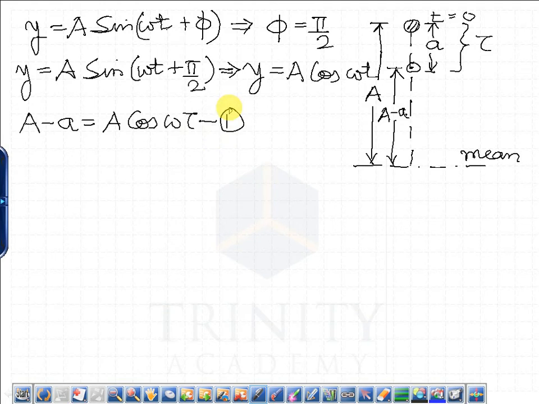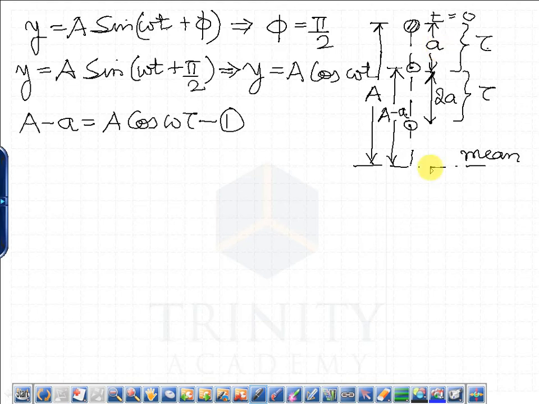In the next situation, it is given that in the next tau second, it travels distance equal to twice a. So this is the distance traveled in the next tau second. So the total time is tau plus tau, so it is 2 tau, and the total distance from the upper extreme is a plus twice a, that is thrice a.